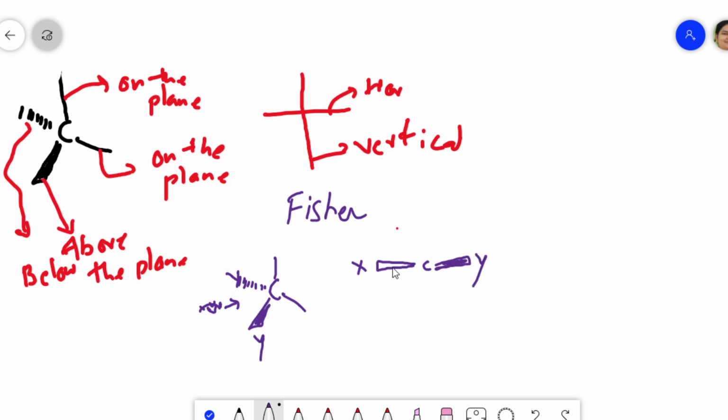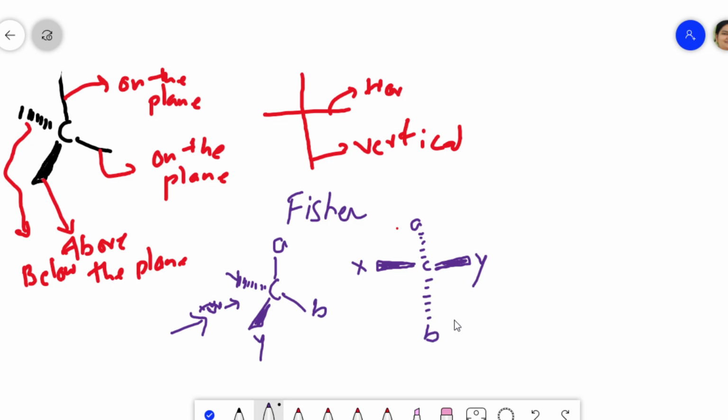Okay, that's how you represent a wedge when you are looking from this direction. If you are looking from this angle, you are supposed to represent like that. And the bonds that are present on the plane, you will represent with a dotted line. Now what I am trying to do, I am trying to convert. So keep some A here, so it becomes A, and some B here, so B comes over here. Okay, that's how you represent.